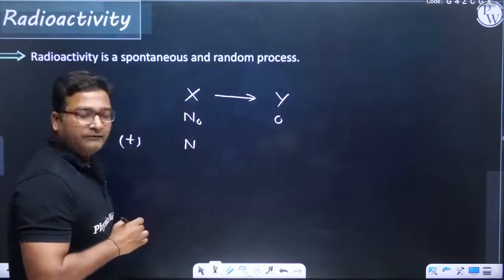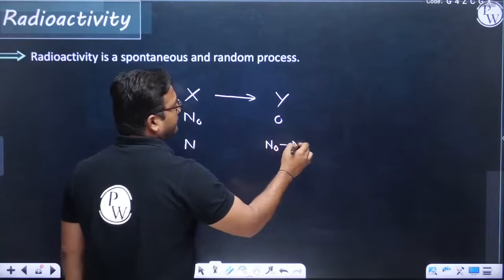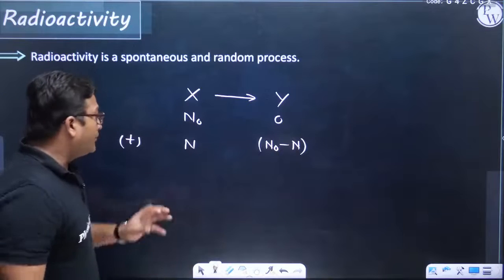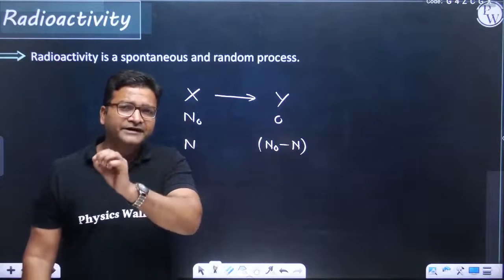If these are n, obviously Y would be n naught minus n, because the difference is converted into Y. So now we know X is continuously decaying.